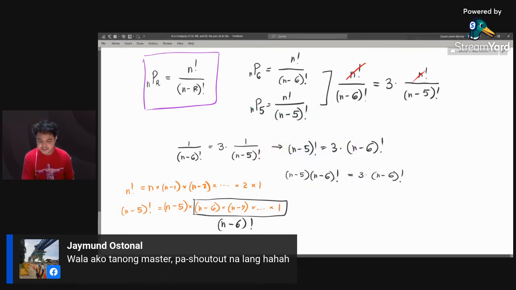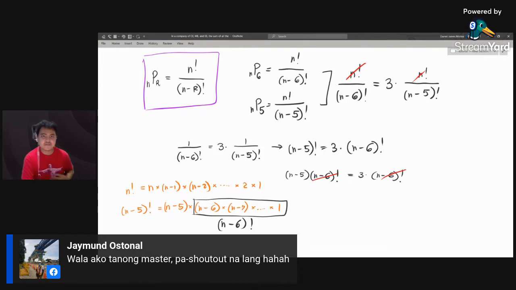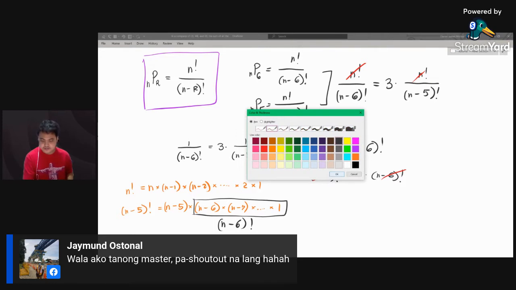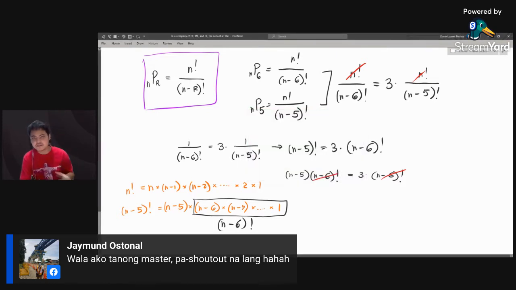Ayan. So, from this equation, we can cancel out n minus 6 factorial kasi, di ba, hindi siya pwede maging 0. Meron bang factorials na 0? Wala, no? Pag integer yung n. So, we don't have any values na mag-yield sa 0 pag factorial. Yan. So, matitira na lang, yes, mabagal ang ating pag-solve.